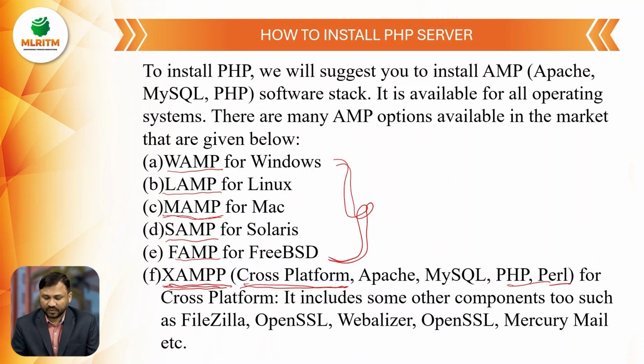For cross platform, it includes some components like FileZilla, OpenSSL, meaning security level, WebAlizer, Mercury Mail, etc. The XAMPP server is free to download for any type of operating system, and we can execute our PHP programs. So most widely we are going to use the XAMPP server.